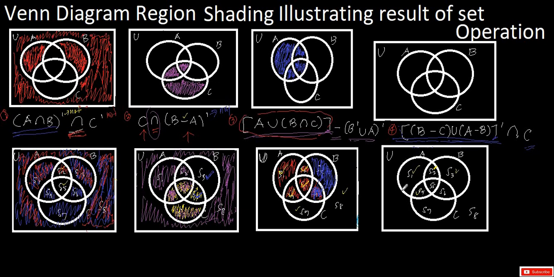So we are going to shade not S sub 1, S sub 2, S sub 3, and S sub 4. So we'll be shading here S sub 5 with red color, S sub 6, S sub 7, and the region for S sub 8. Okay, using the red color.